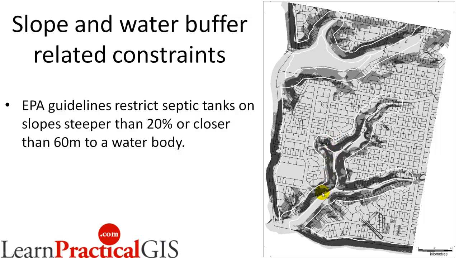So what you see immediately is a lot of areas that are constrained in one way are also constrained in a different way. They might be constrained by the steep slopes and also because of their proximity to a watercourse. Okay, so a lot of this area in the buffer is constrained anyhow.